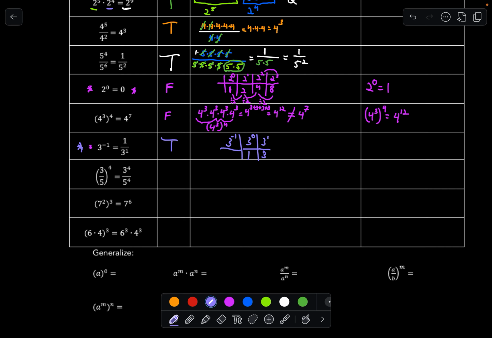That means we divide this 3 to the 0 by 3 to the first, which is 1 divided by 3, and that equals 1/3. So yes, 3 to the negative 1 equals 1 over 3 to the first. That's an important property. Okay?